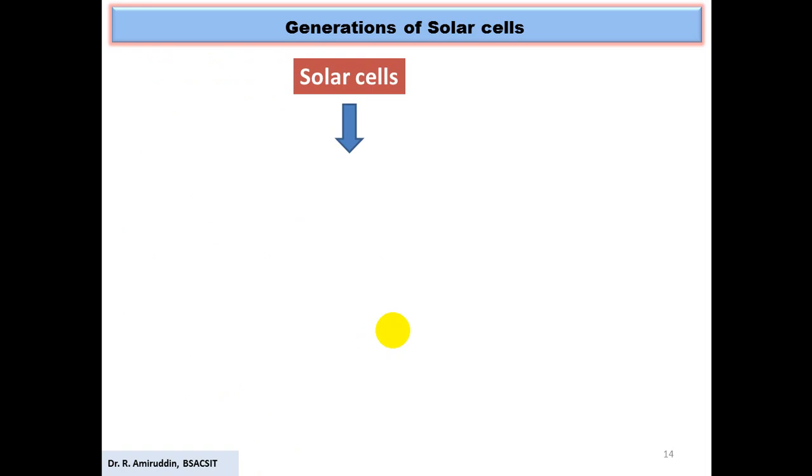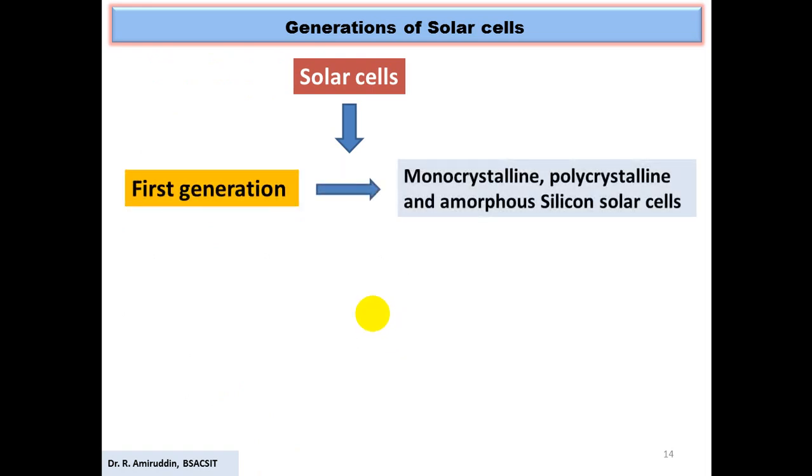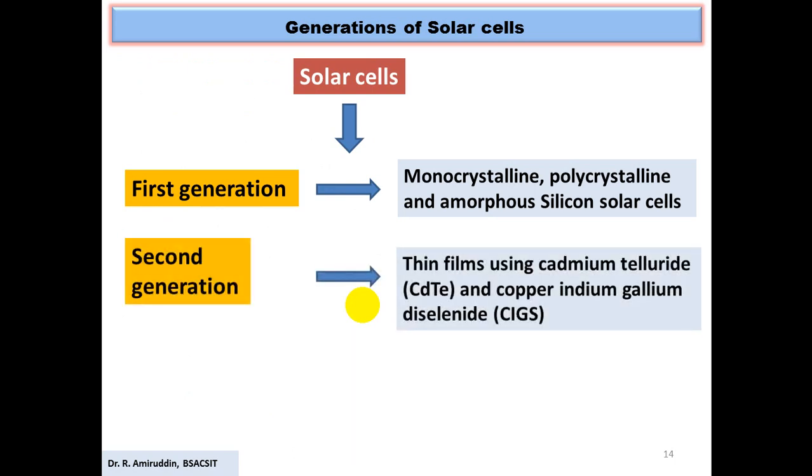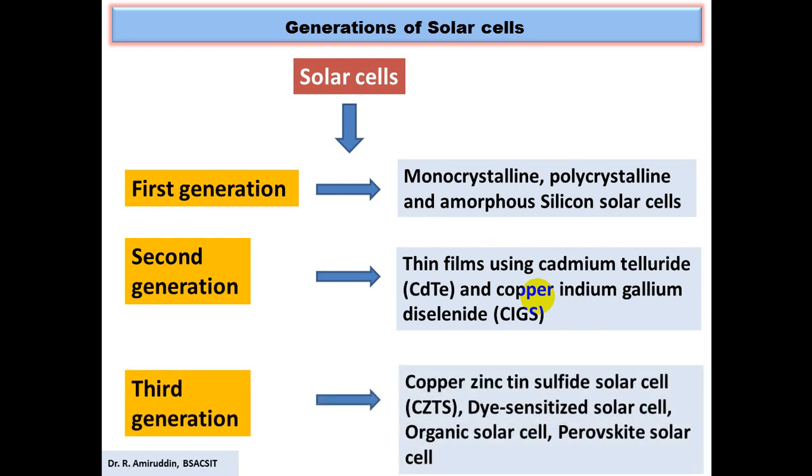So to summarize, for solar cells we have the first generation, which is the monocrystalline, polycrystalline and amorphous type silicon solar cells. The second generation is the thin films using cadmium telluride and copper indium gallium diselenide based solar cells. And the third generation includes copper zinc tin sulfide, which is CZTS, dye-sensitized solar cells, organic solar cells and perovskite solar cells.